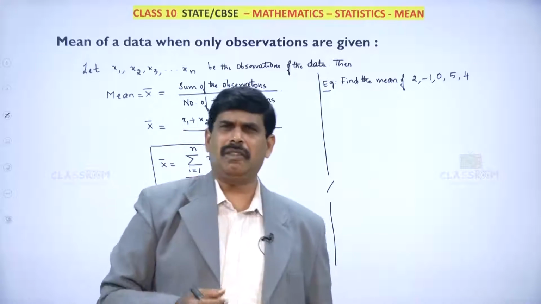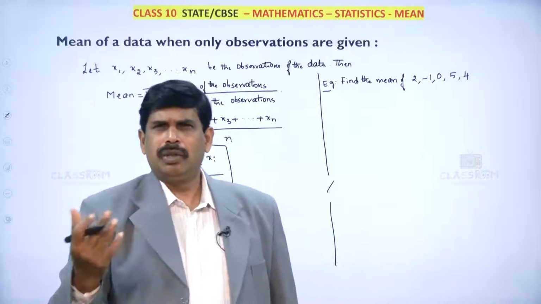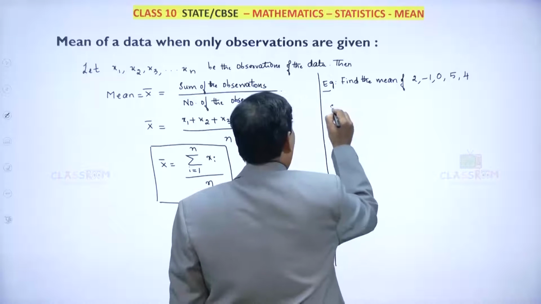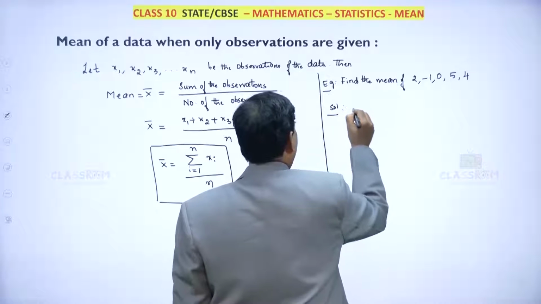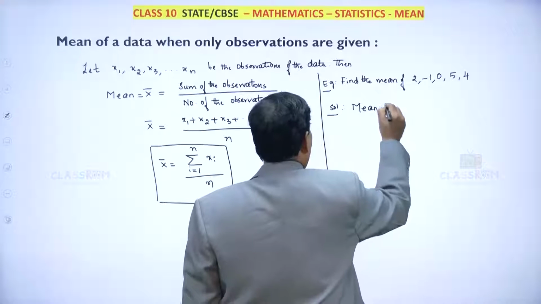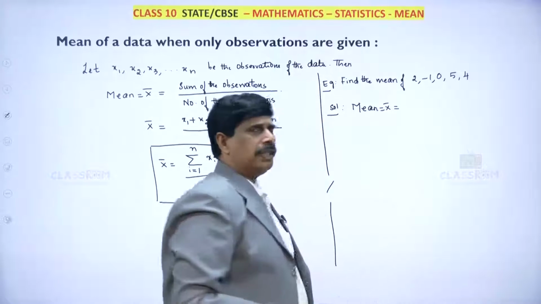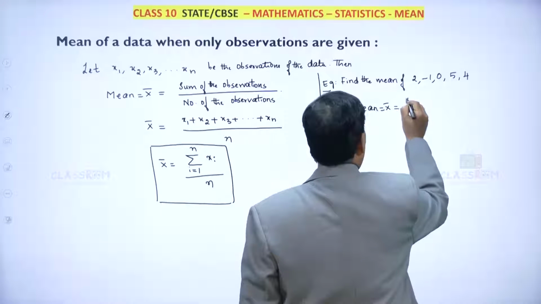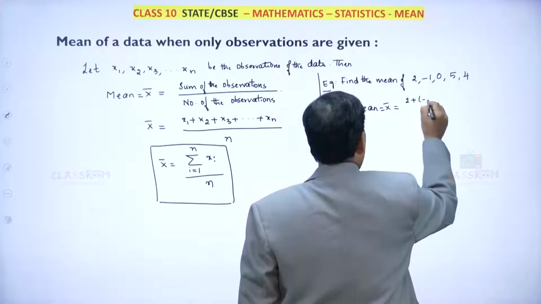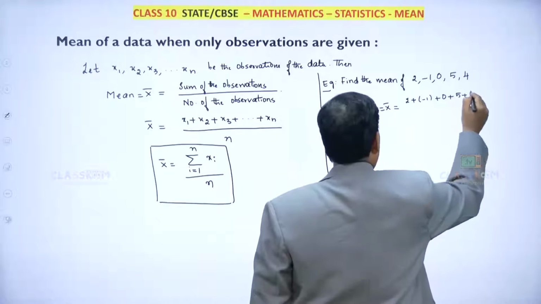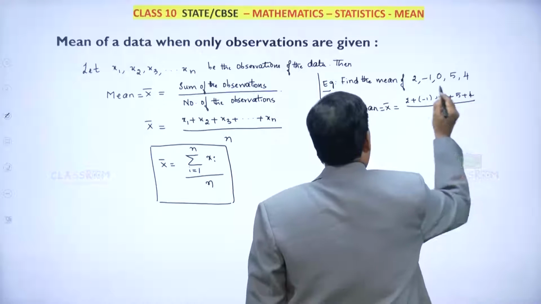The observations are given like that. So we want to find the mean. How do we get the mean now? Mean x bar is the sum of the observations. So what are the observations here? 2 plus minus 1 plus 0 plus 5 plus 4 by, you count how many?